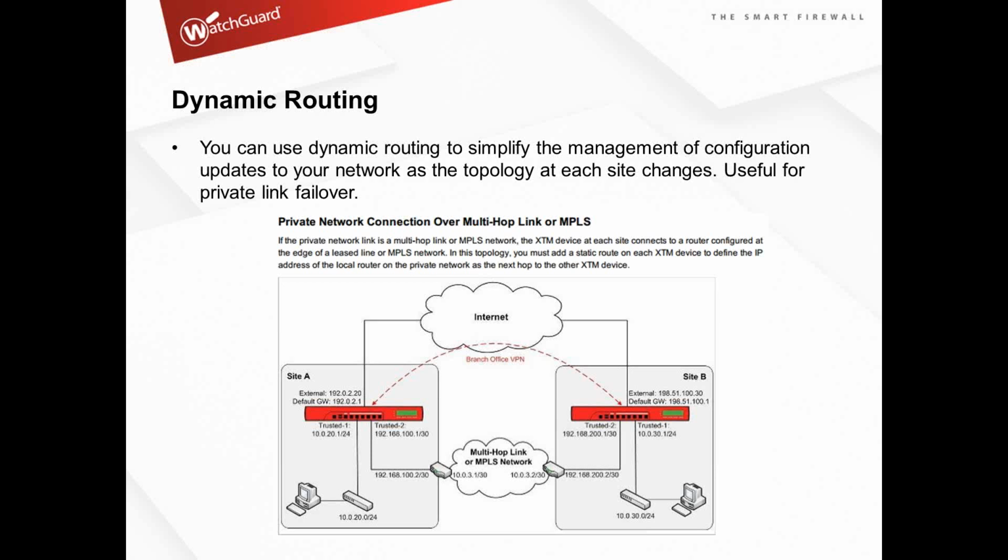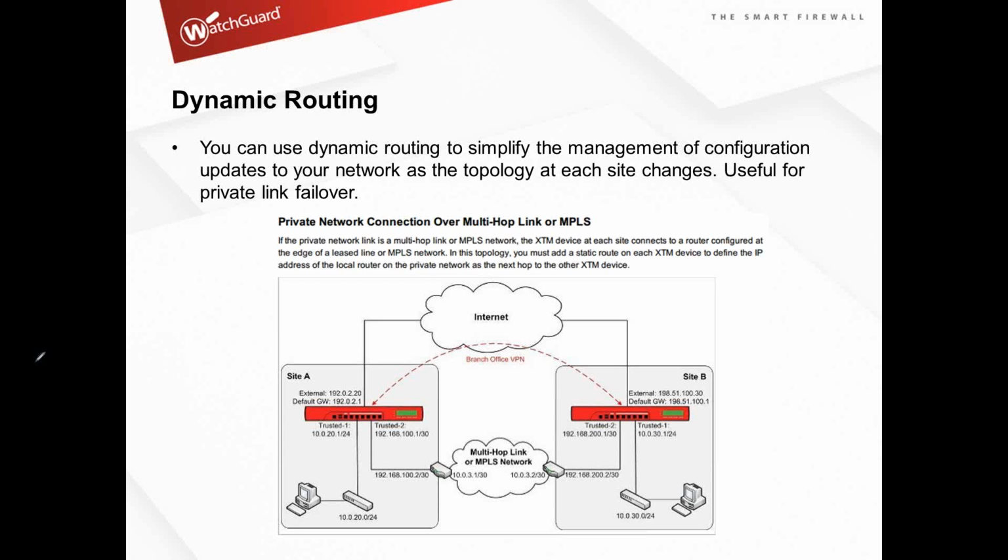So when we talk about dynamic routing, which slipped into the agenda, I just want to briefly talk about that. One of the drivers behind dynamic routing was really to be able to have that MPLS failover where we spin up a branch office VPN.